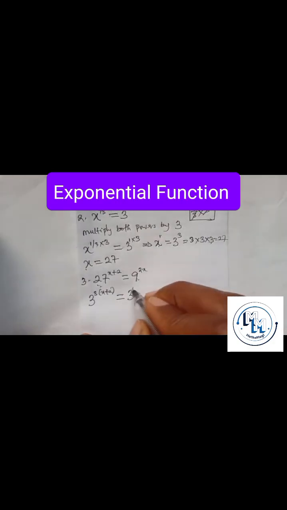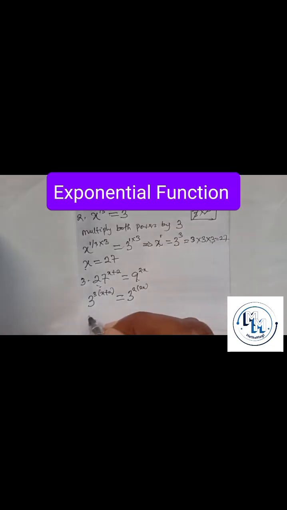Is equal to, now since I should have the same base here, there's no point to think about what 9 will be. Simply write 3 first of all. Now ask yourself, to what power will 3 give me 9? That is power 2, 2x.